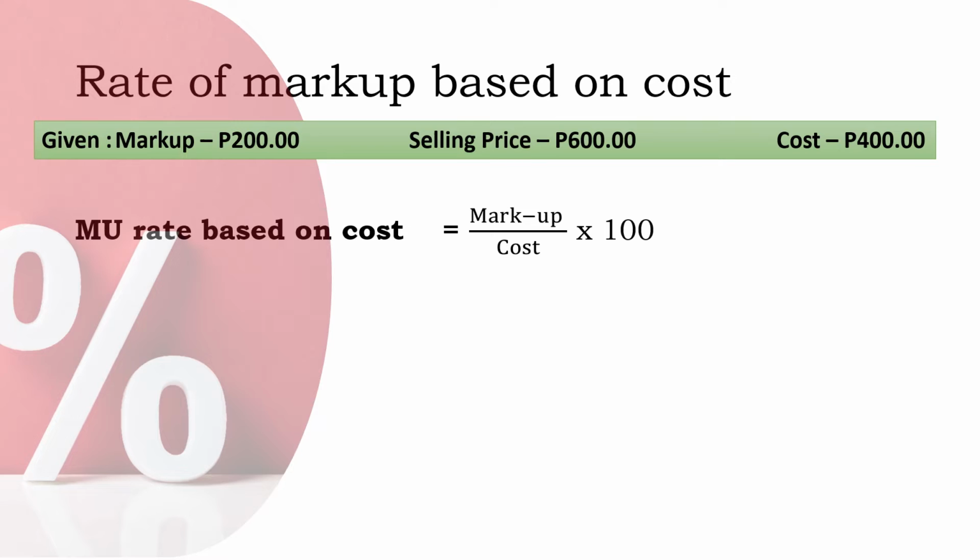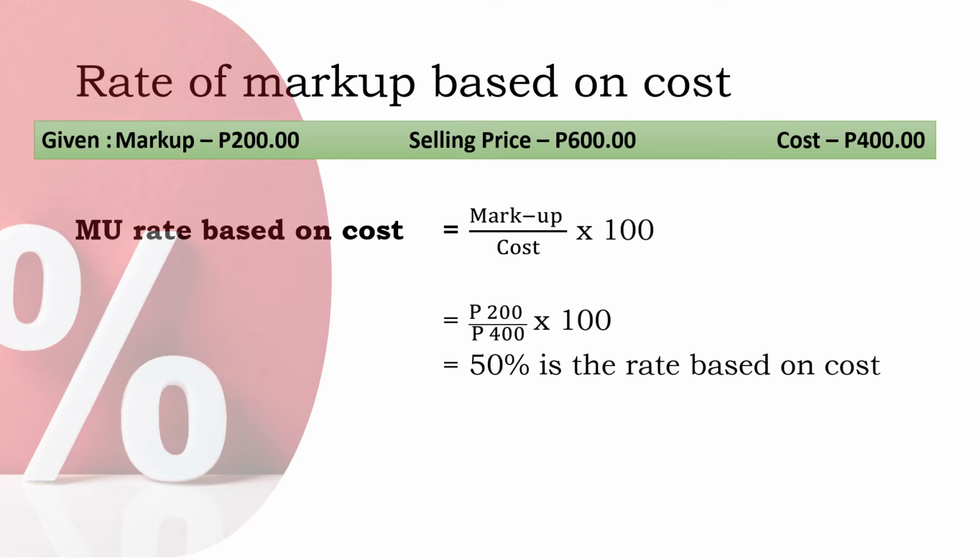Since the rate of markup is based on cost, the markup should be divided by the cost and then multiplied to 100. Now let us substitute. Markup is 200 divided by 400, and the product of this is to be multiplied to 100. So the answer is 50% is the rate based on cost.